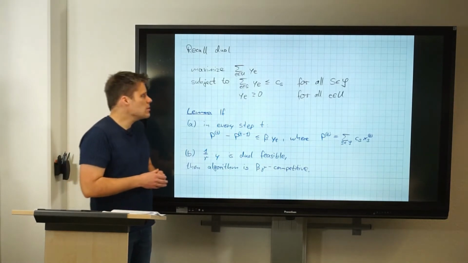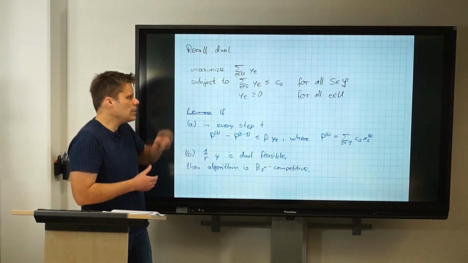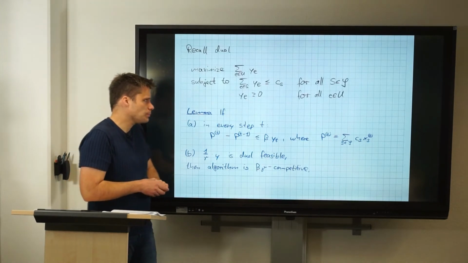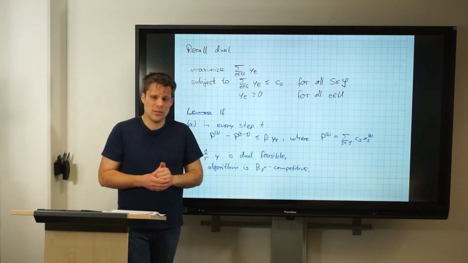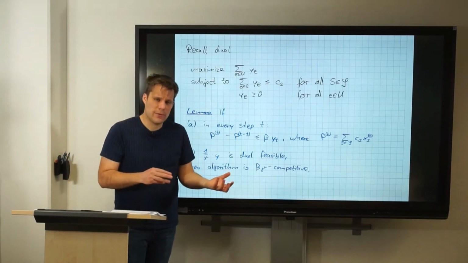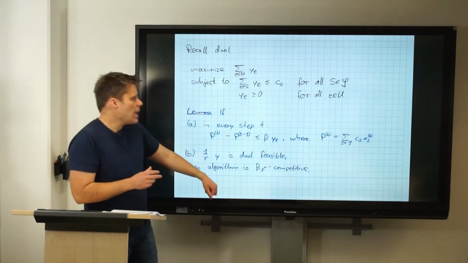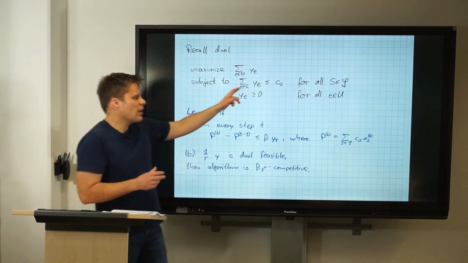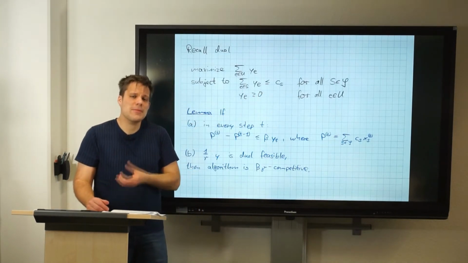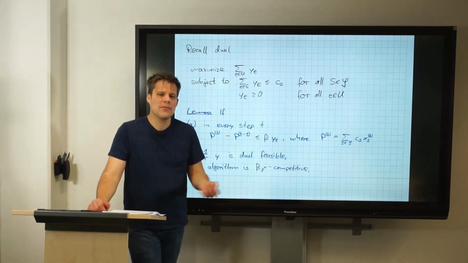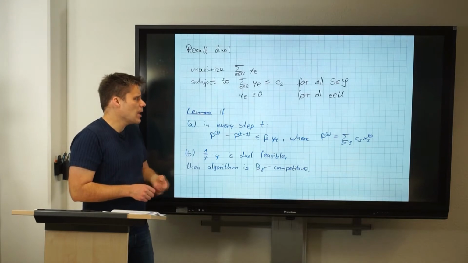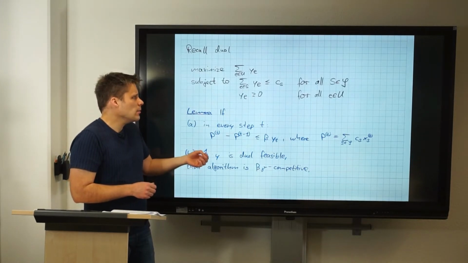And for this we introduced the dual LP of the set cover problem. This is a maximization problem. We'll have now a variable for each element, where before we had a constraint for each element. And now we have a constraint for each set that we can use to cover, whereas before we had a variable for each set that we can use to cover. And how does this look now?